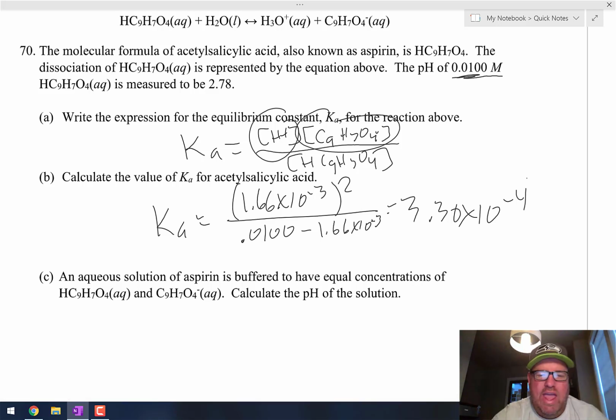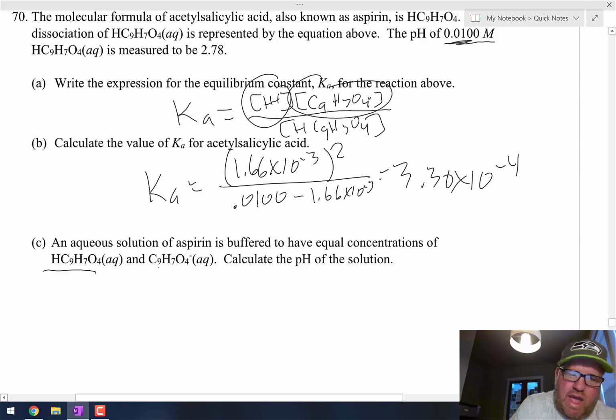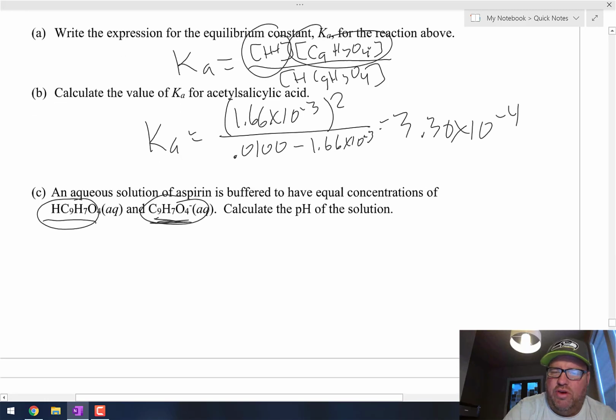And then it says an aqueous solution of aspirin is buffered to have equal concentrations of the acid and the conjugate base. Calculate the pH of the solution. If the concentrations of the acid and the conjugate base are equal to each other, then again, using the Henderson-Hasselbalch equation, the pH just equals the pKa.